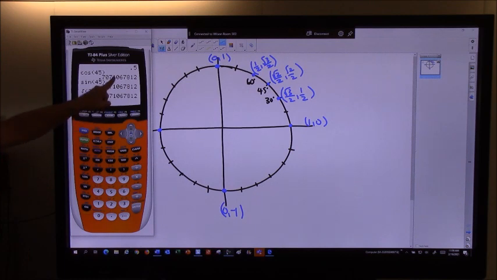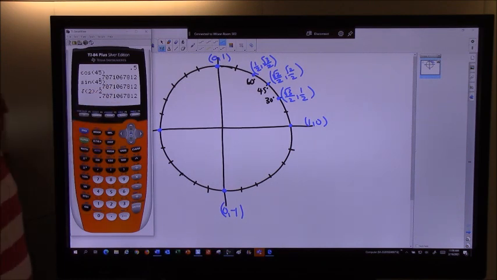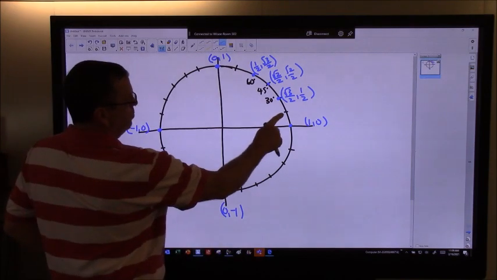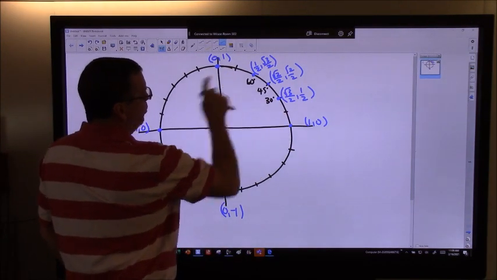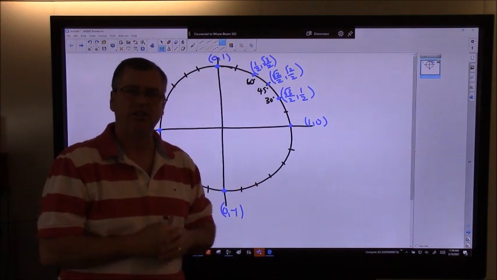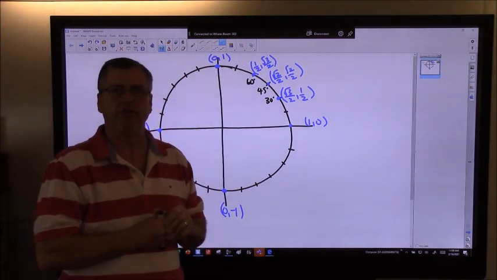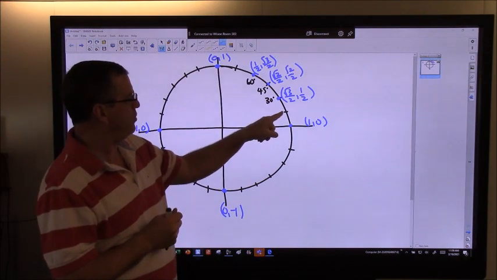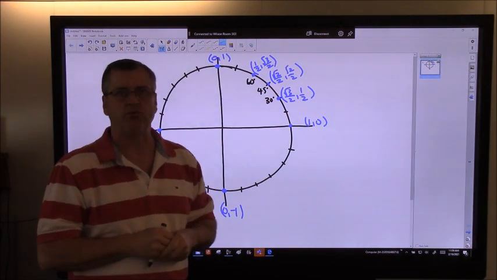You look at all 3 of those decimals, they're exactly the same. All right? So these 2 tick marks, we're not going to be able to find coordinates for those yet. We're going to have to put that off until later on in the semester when we learn a few things. But we will eventually figure out sine and cosine of that as well.